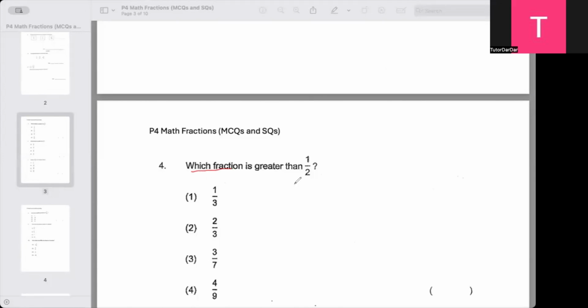Which fraction is greater than half? So how do we know which fraction is greater than half? We know 1/3 is confirmed smaller than half. So 1 is out. Then we have 2/3, 3/7, and 4/9. I will teach you one simple way: multiply the numerator by 2.